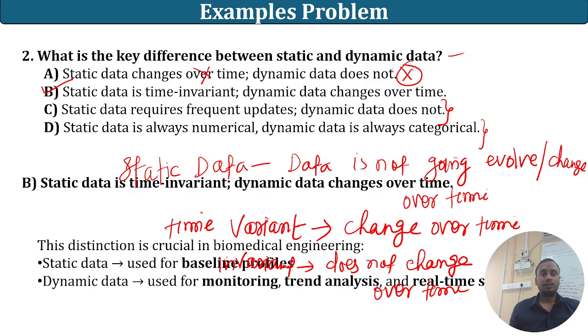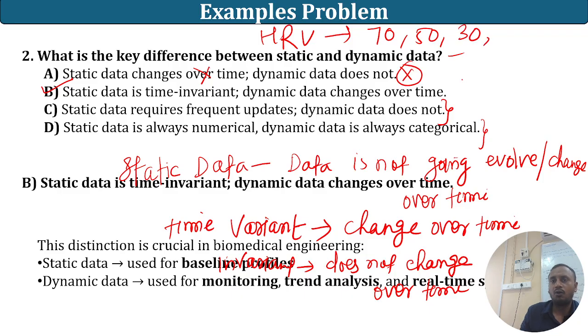Second option: static data is used for the baseline profile. Static data is something that we use for baseline profiling. How come? Let's say we have HRV, heart rate variability. It should not go beyond a certain limit. Maybe we keep 70, or 50, or 30. Now we are going to see the data in real time.